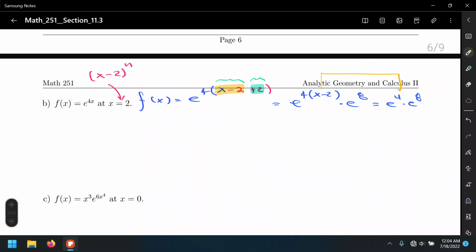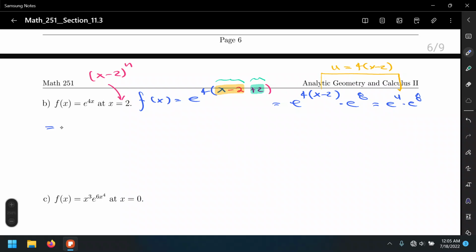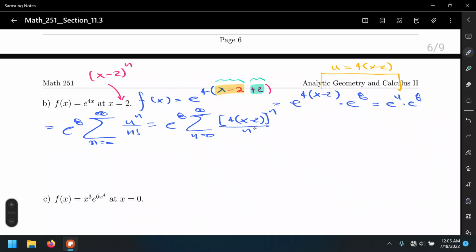where u equals 4 times x minus 2. Alright, so now we have e to the 8th times the series for the exponential, which in this case is u to the n over n factorial, and our u is 4 times x minus 2, to the n over n factorial.